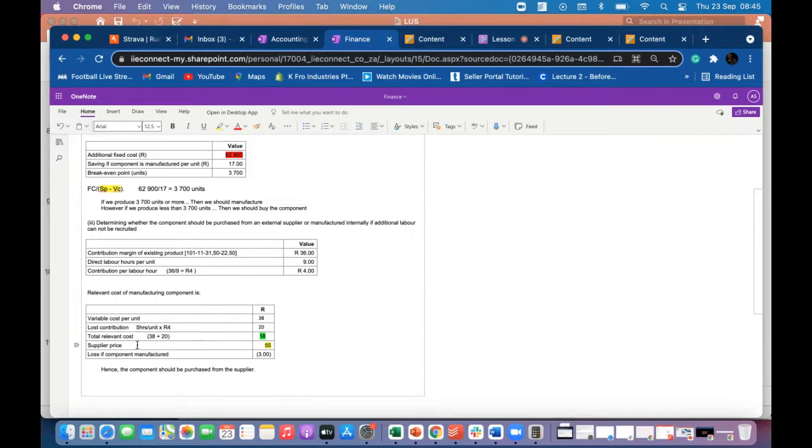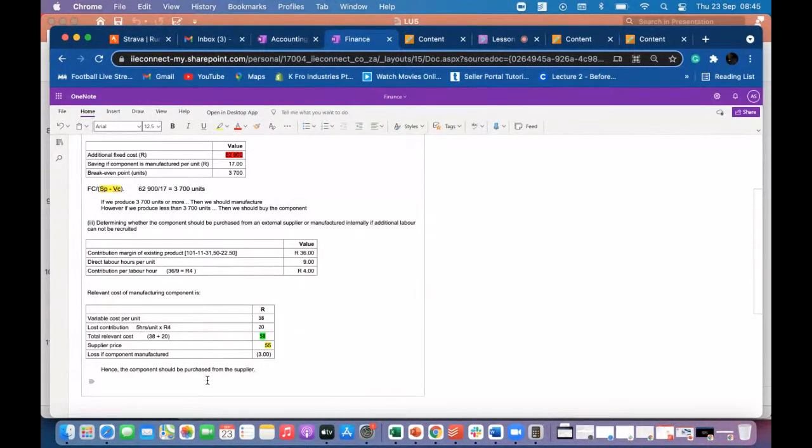So the total relevant cost now is this 58. All right, 58 versus what the supplier says they're going to charge us, which is 55 Rand per unit. We then say, whoa, it's actually cheaper for us to outsource this than for us to try and produce it ourselves. Okay, there you can see loss if component manufactured, negative 3 Rand.